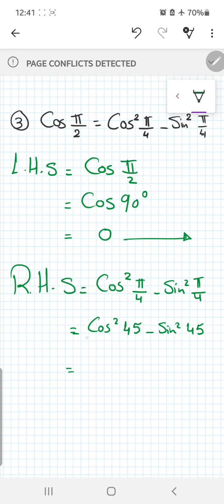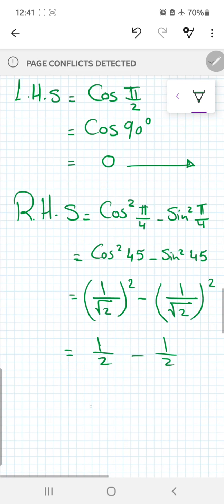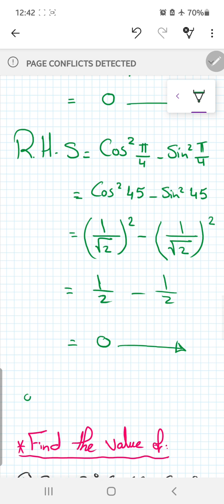Using your calculator, cosine 45 equals 1 over root 2, all to the power 2, minus sine 45, which is 1 over root 2, all to the power 2. In your calculator, it will be half minus half, which is 0. So the left hand side equals the right hand side.